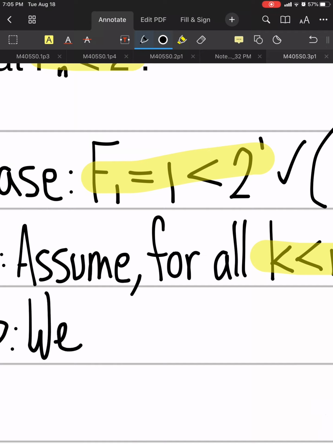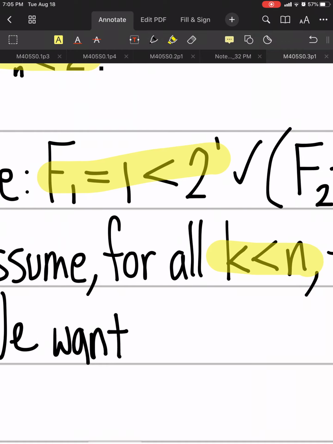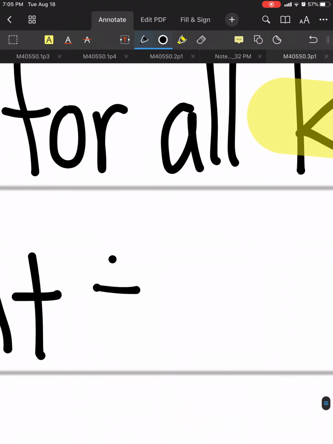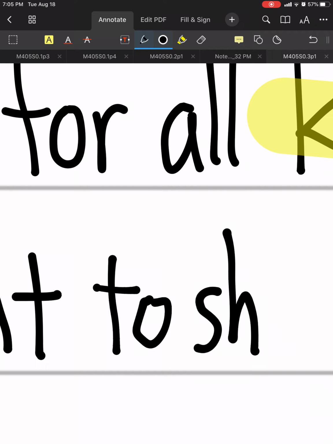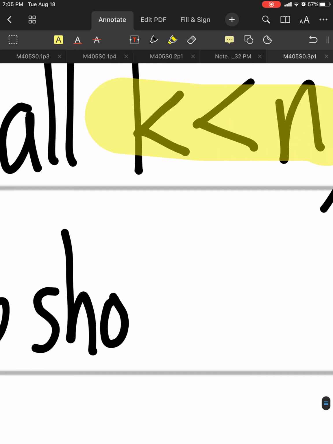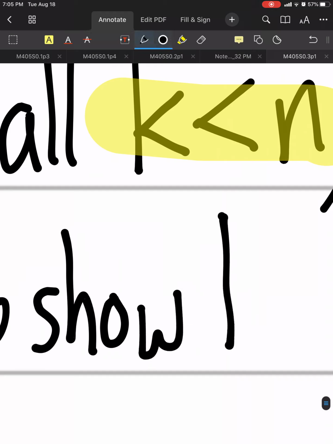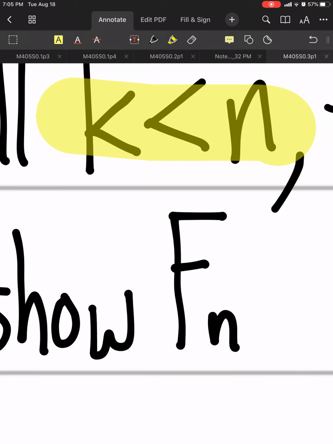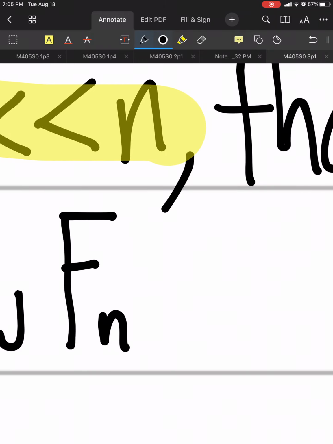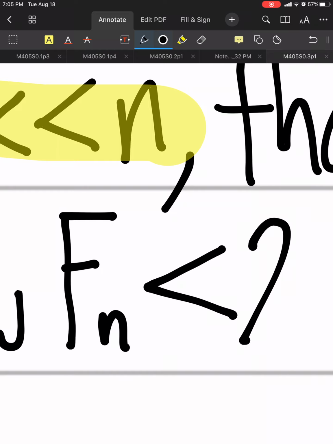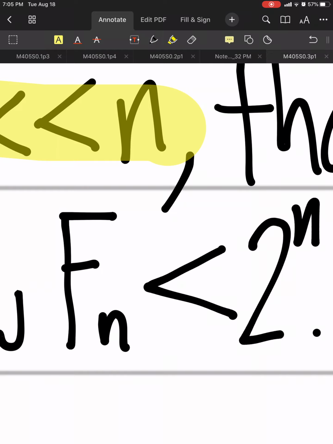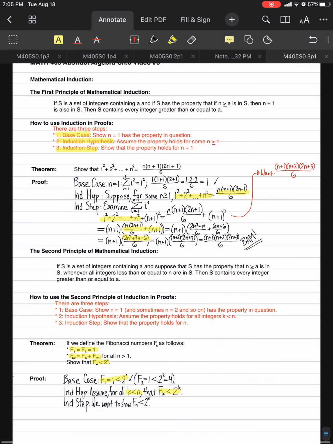This is the second principle of induction proof here.